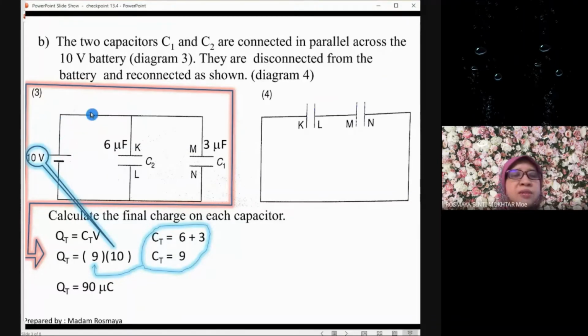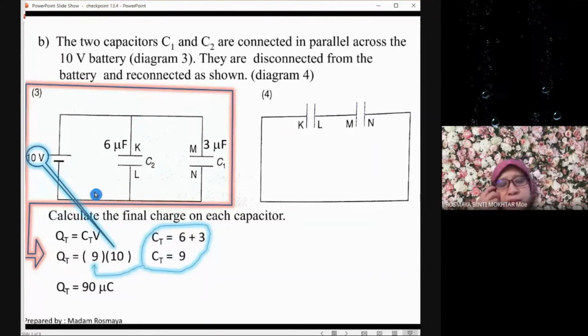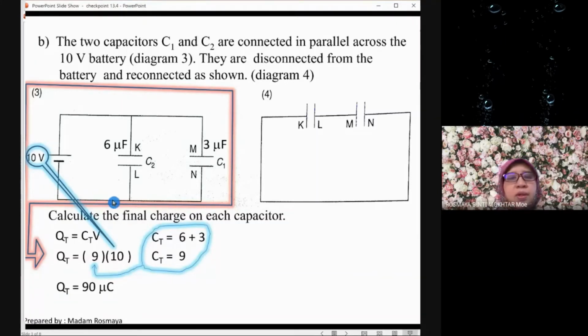Imagine the charge flows here, then splits into 2. Then at this point, they combine, becoming 90 again, 90 microcoulomb. So this 90 microcoulomb charge, now the 10 volt is disconnected.